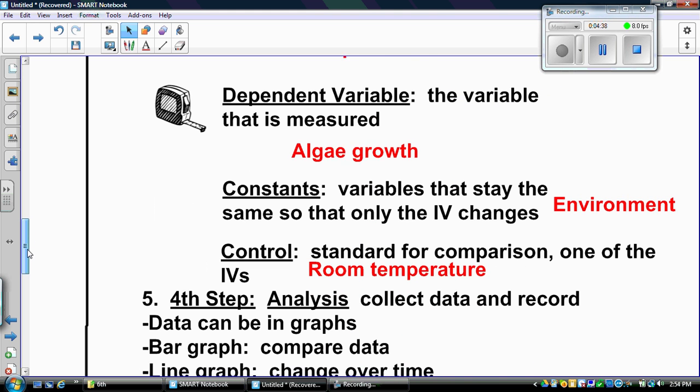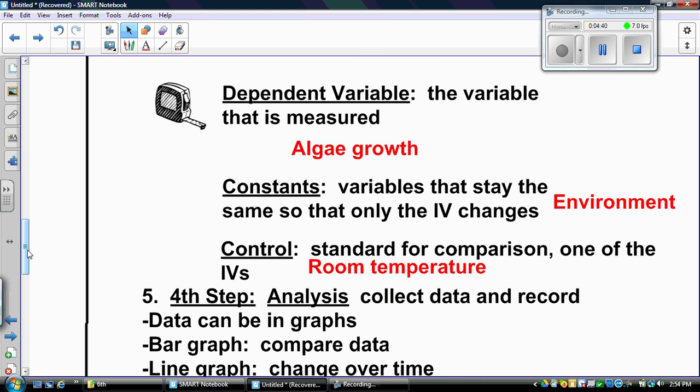Then another variable are your constants. These are variables that stay the same so that you only change the independent variable. So I only want to measure how temperature affects algae growth. That means I have to keep everything else the same. So I have to keep the environment the same. So if I'm only changing the temperature, then I have to keep the same amount of water that the algae are in, the same amount of food that the algae get, and I have to keep the same shape of the environment.